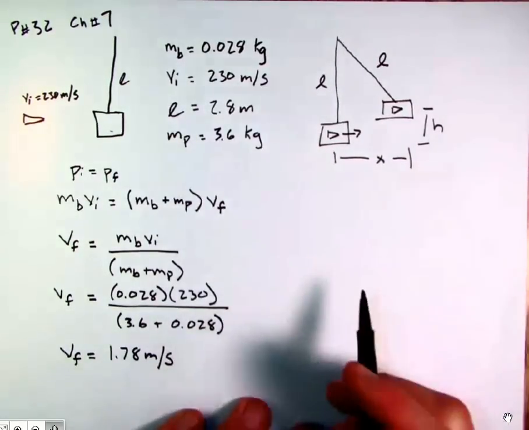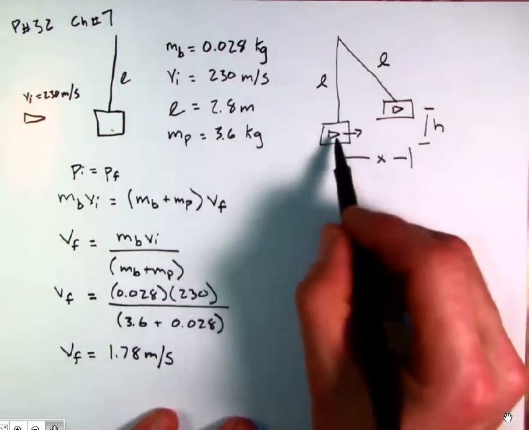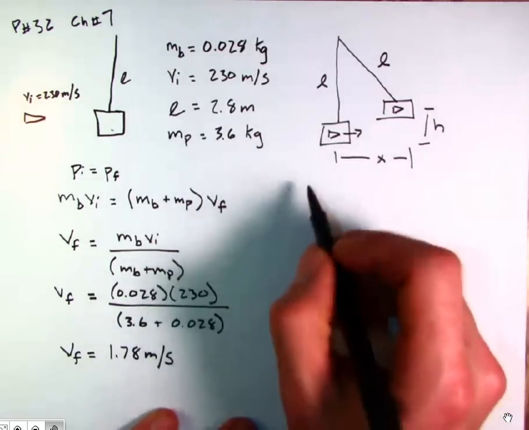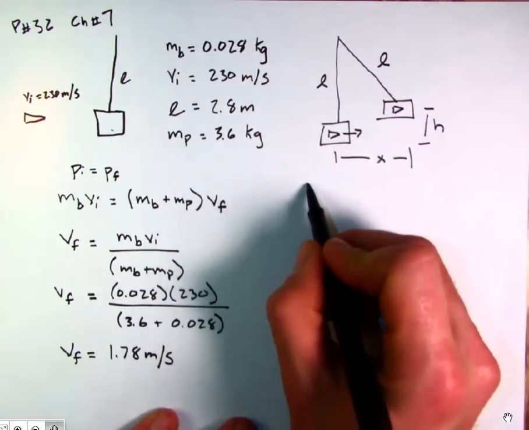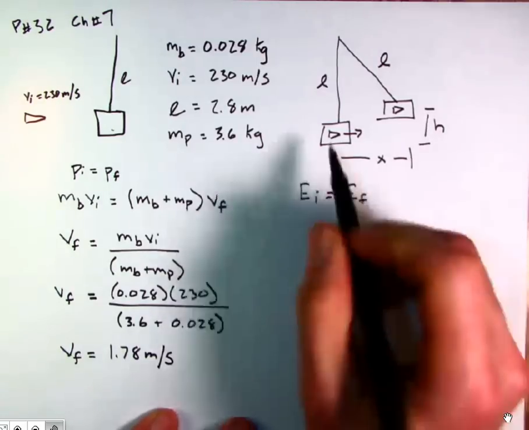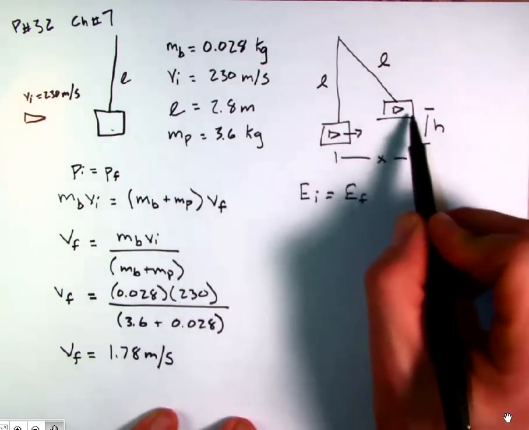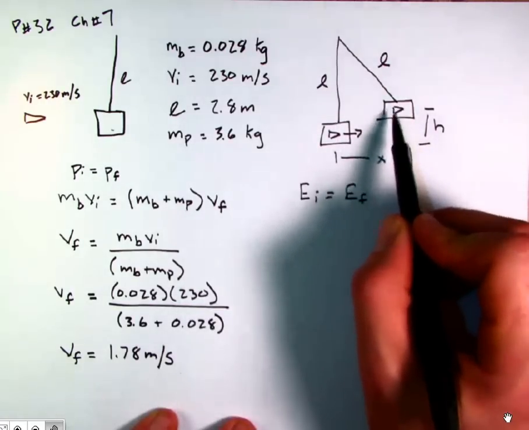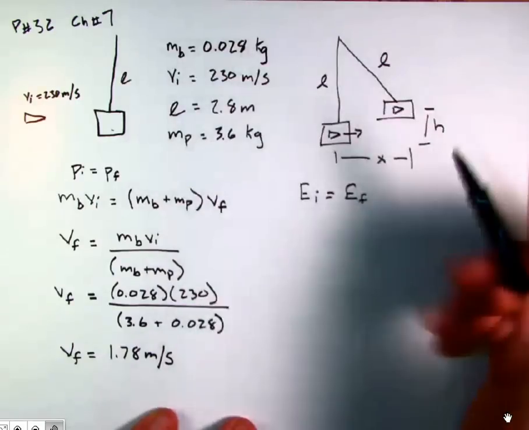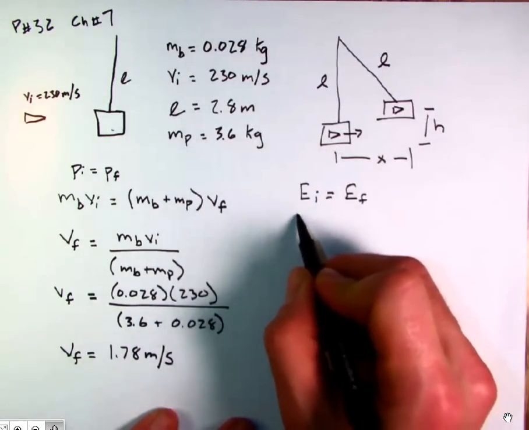Well, we can figure this out with conservation of energy. This block and bullet is moving to the right, and we have kinetic energy. So why don't we just say that the initial mechanical energy should turn into the final mechanical energy, assuming no air resistance or other non-conservative forces acting here.